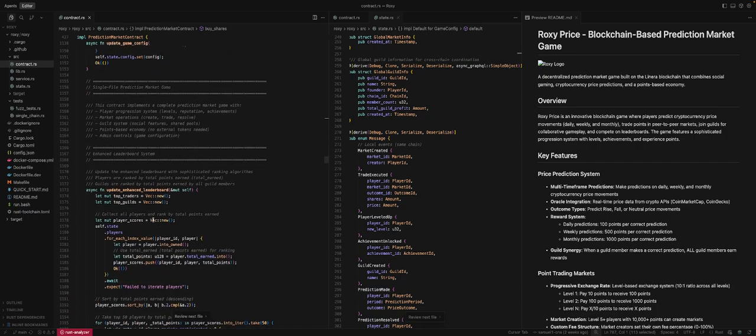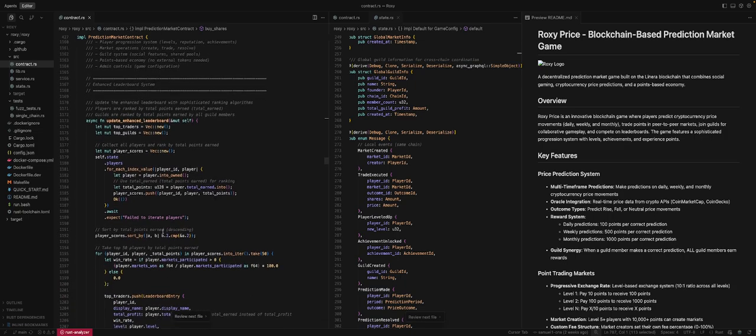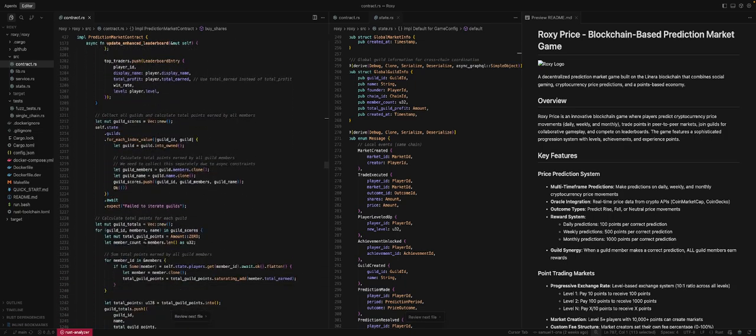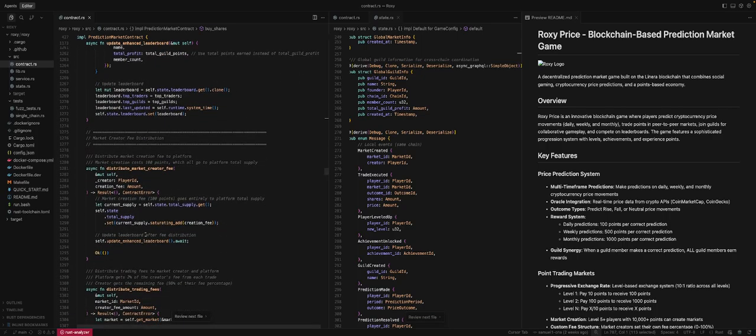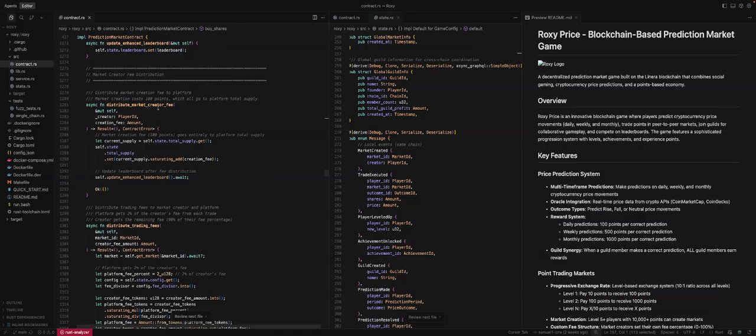So the leaderboard, like a simplified prediction market. The cool thing is the leaderboard is being handled properly to capture every change that is happening based on points collections. So these are all internal functions.